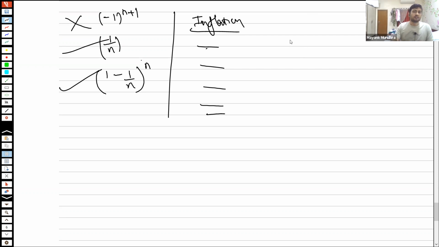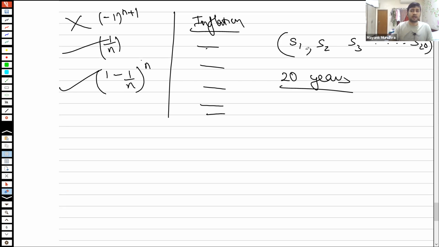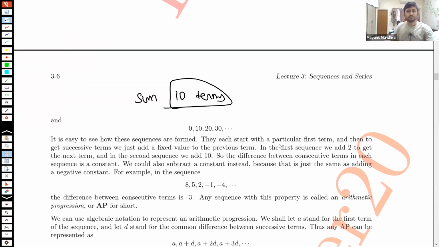So suppose you save amount S1 in period 1, S2 in period 2, S3 in period 3, and so on. They can ask you what is going to be the amount in your bank account after 20 years. That's going to be the sum till 20. So you're just going to add up all these. So that's your series, first 20 terms.